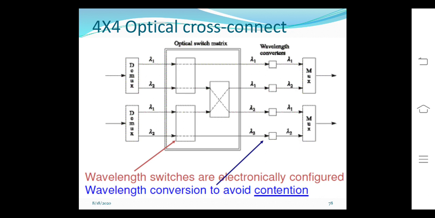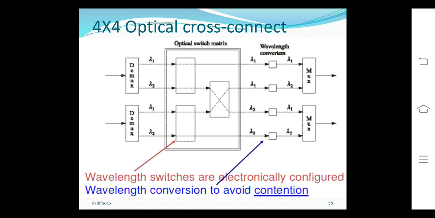When it is switched in the multiplexer, we can see both signals are lambda 1. So wavelength converters will be used, and it will be corrected, and now we can see in the multiplexers the inputs are lambda 1 and lambda 2. It automatically converts, and the correct wavelengths travel through the multiplexers. In this way we can avoid the contention.